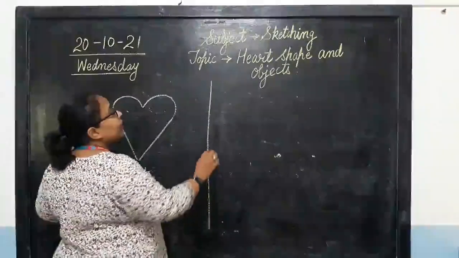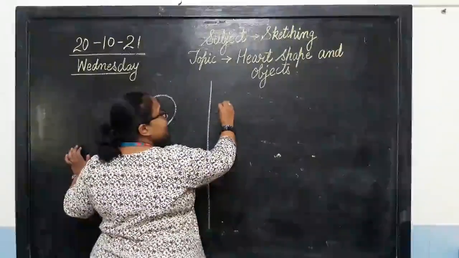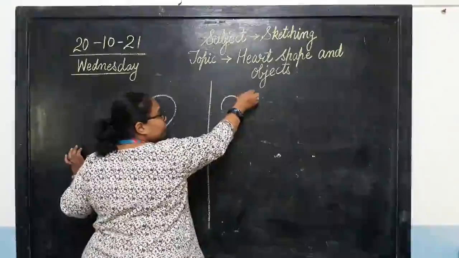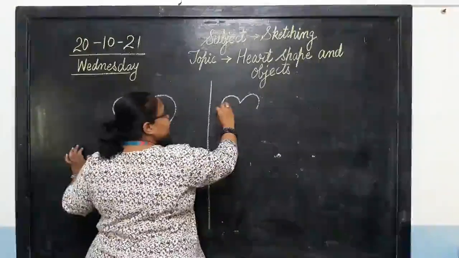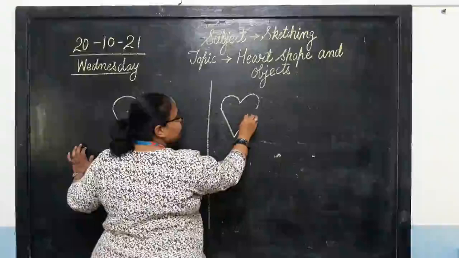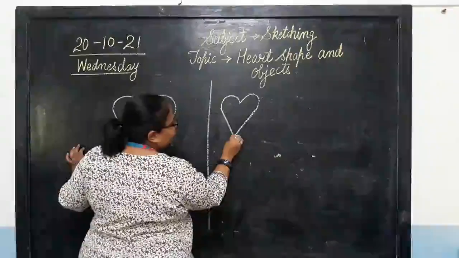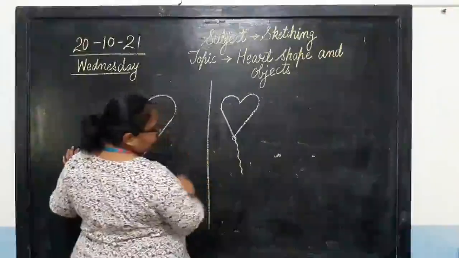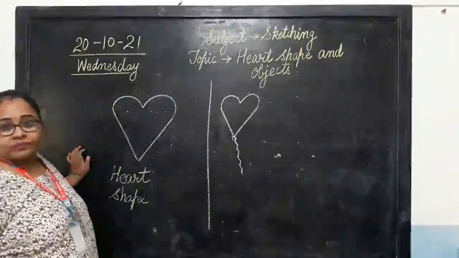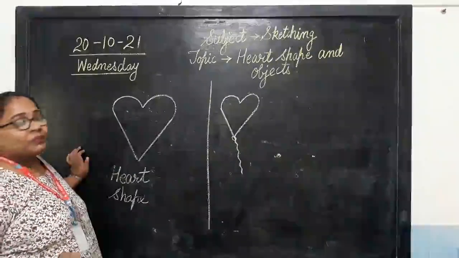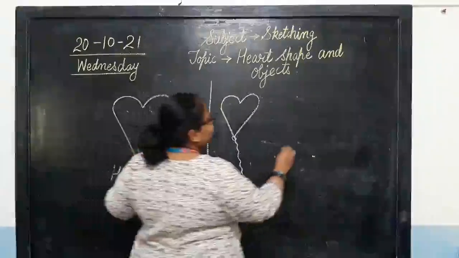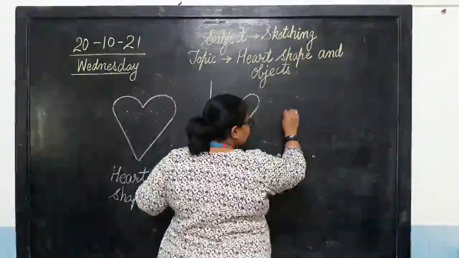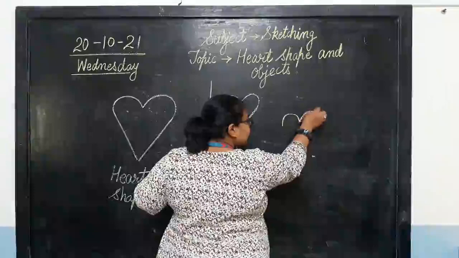So again, heart shape कैसे बनेगी? Make a 3 like this and join with slanting lines. Now you can make a balloon, a heart shape balloon. Clear? Then we have heart shape chocolates.